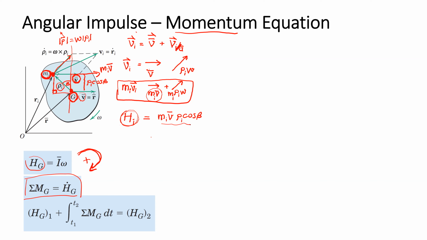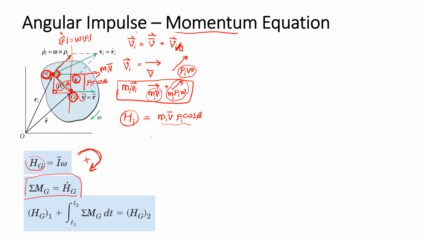How about the other component of the velocity, the relative velocity? The relative velocity, with the magnitude of omega rho I, always makes a 90-degree angle with the offset here.